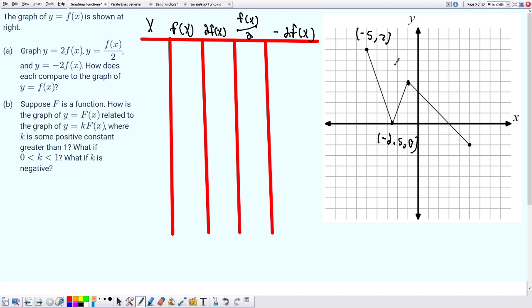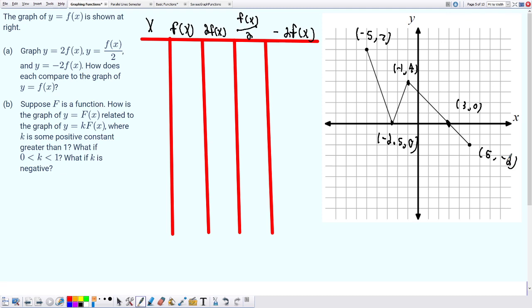Over here we have negative 1, comma 4. We have over here 3, 0. And here we have 5, 2, and then negative 2.